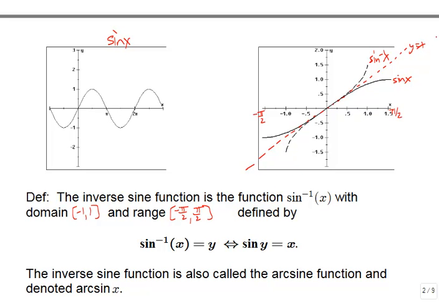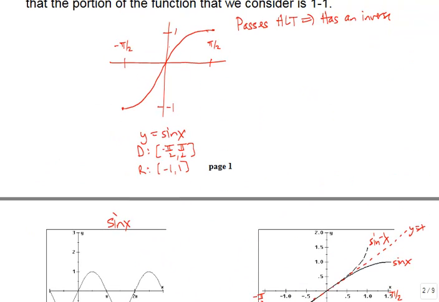So recall up here, when I say that the sine function has domain minus pi over 2 to pi over 2 and range -1 to 1, then that means the inverse sine function is going to swap those. They swap domain and range. So the domain will become -1 to 1 on the inverse function, and the range will become -π/2 to π/2.